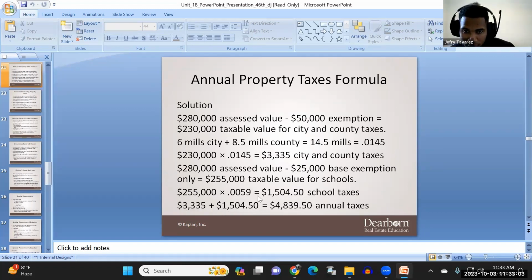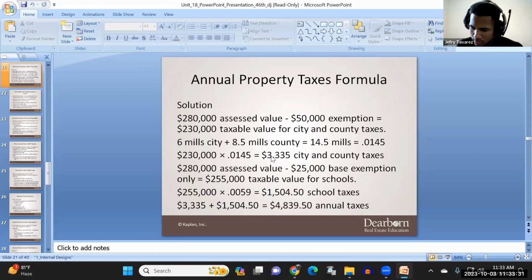For county, I have 1955, and for city, I have 1380. Okay, well, add them together. What does that add up to? 1380 and add that up.